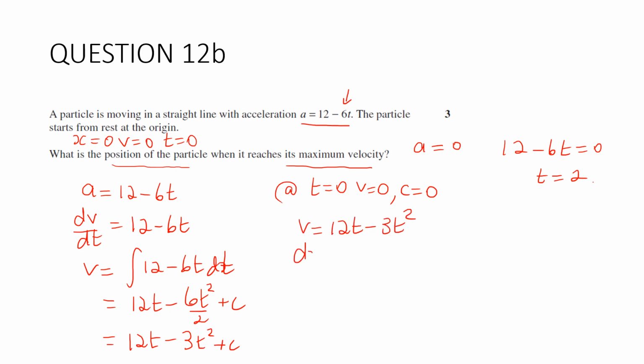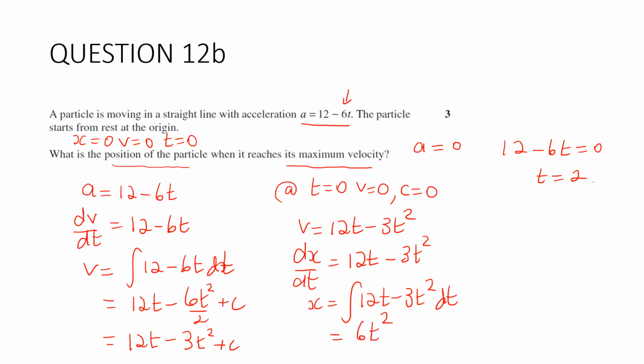And then again, dx/dt is equal to 12t minus 3t squared. x is equal to the integral of 12t minus 3t squared dt, which is 12t squared divided by 2, so 6t squared minus t cubed plus c.